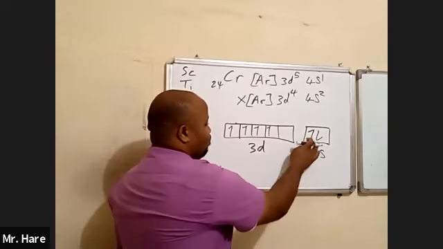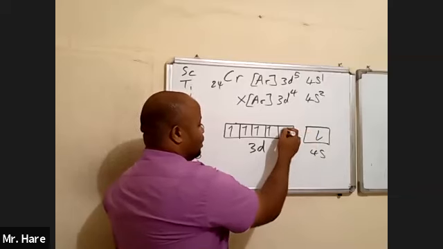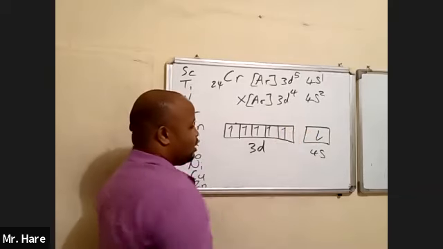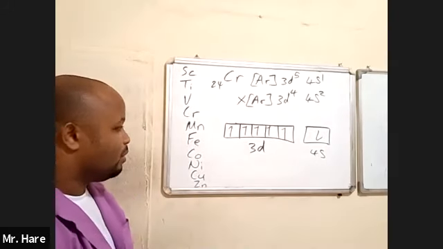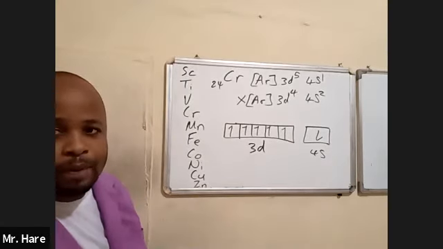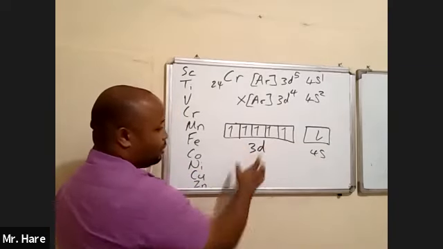So if chromium promotes one of the 4s electrons into the empty 3d orbital, that is more energetically favorable. It is more stable to adopt the 4s1, 3d5 structure.